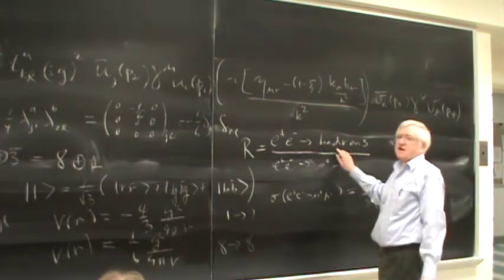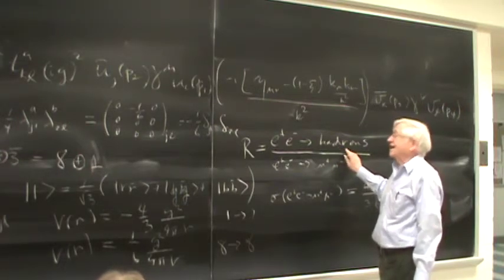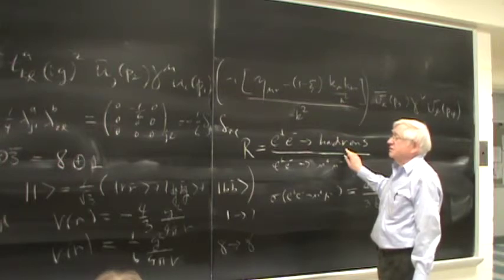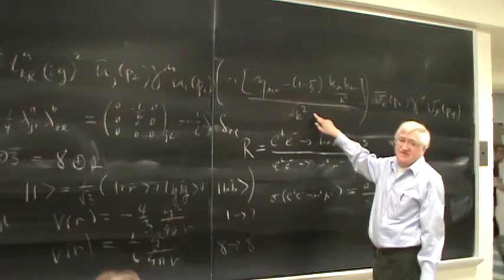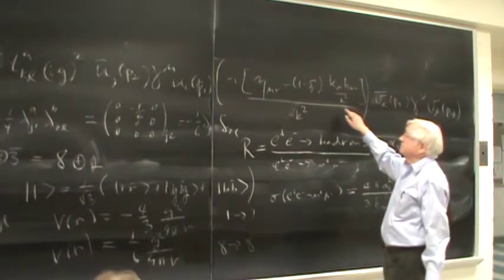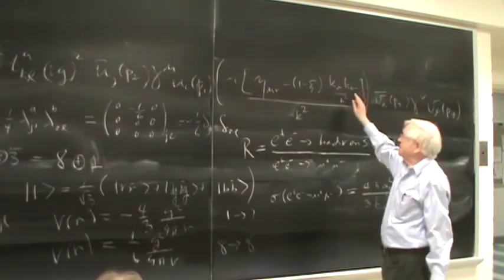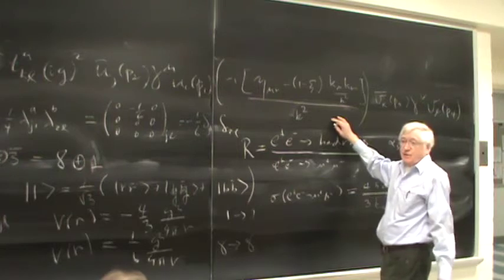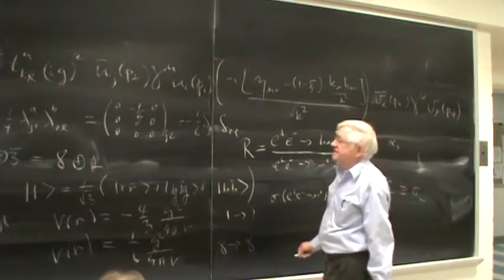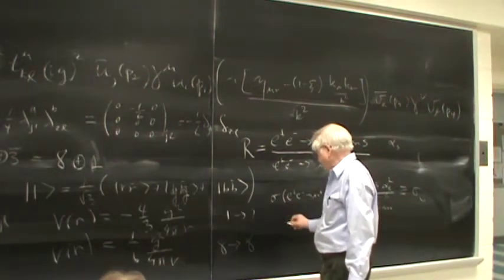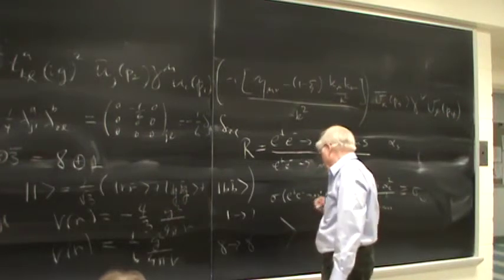Right. When this process occurs, it's E plus E minus goes to QQ bar, and so it looks even more like this. But there's a photon going across, and this, in fact, is the photon propagator. So the diagram here, if we're going horizontally, looks like this.